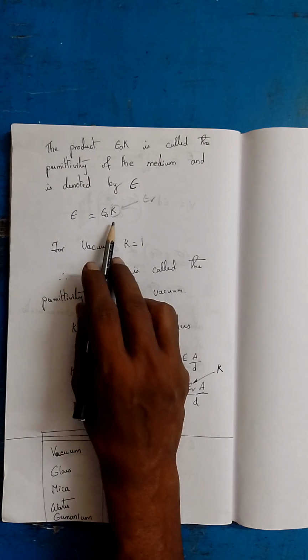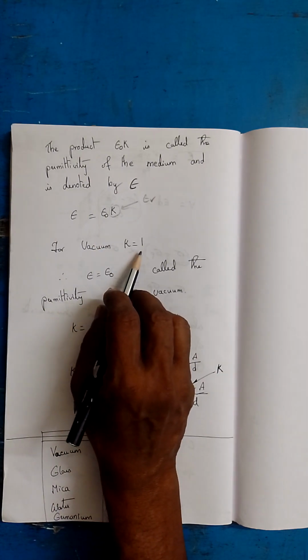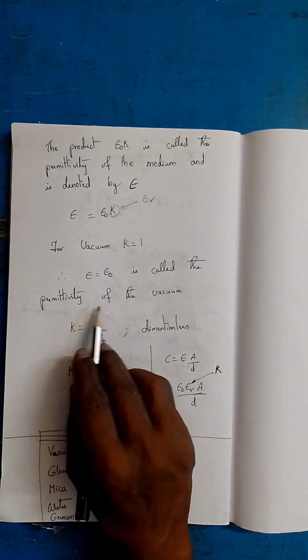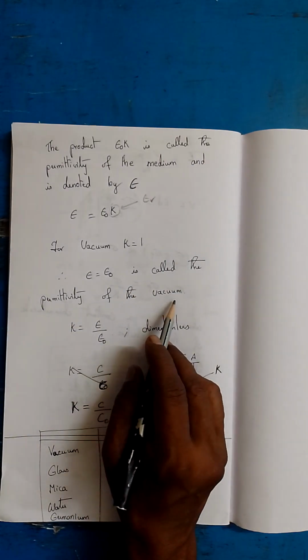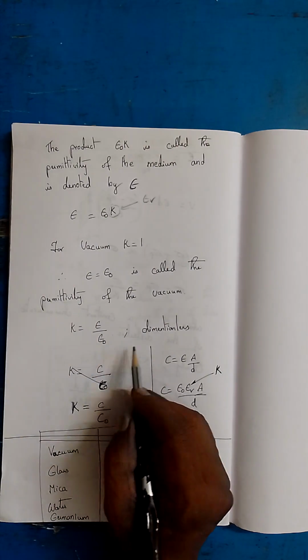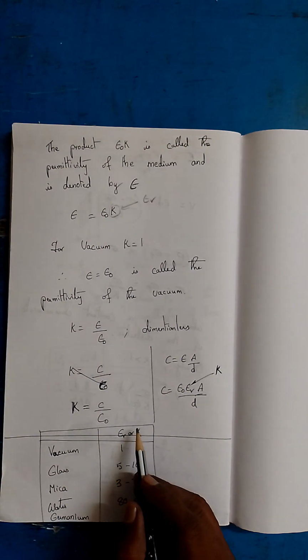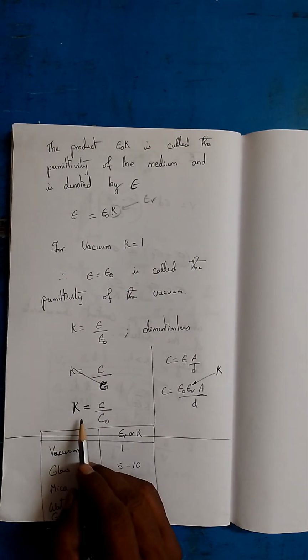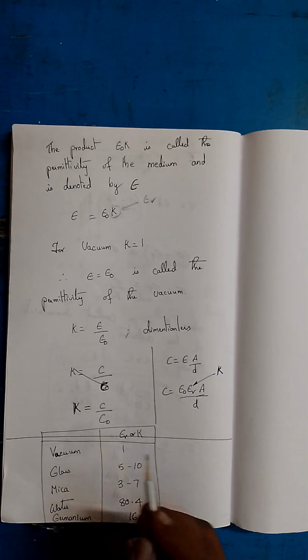For vacuum, K is 1, relative permittivity is 1, therefore epsilon will become epsilon naught, which is called the permittivity of the vacuum or free space. So K is equal to epsilon by epsilon naught, which is dimensionless, or you can represent the relative permittivity K as C by C naught also.